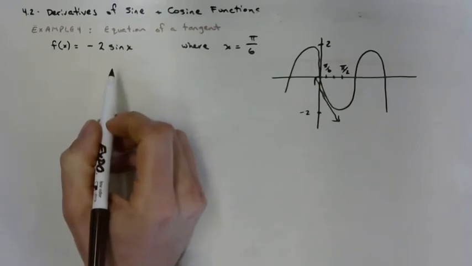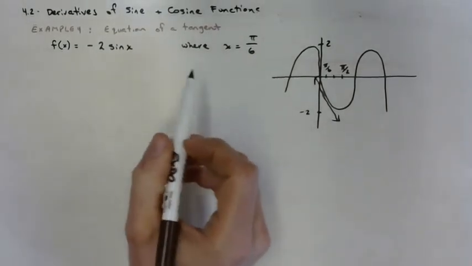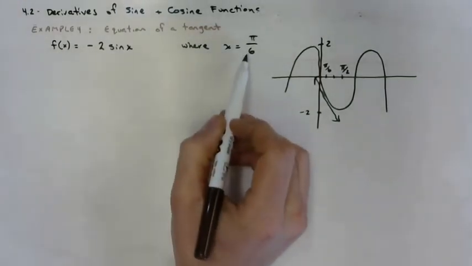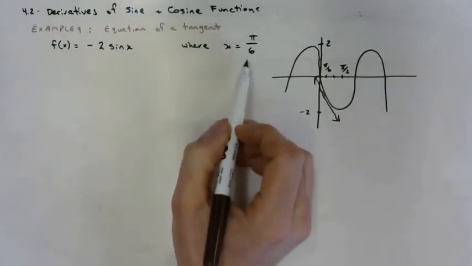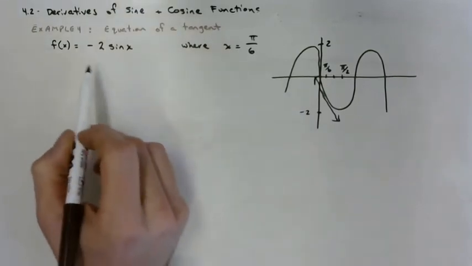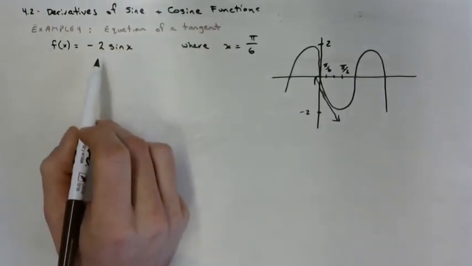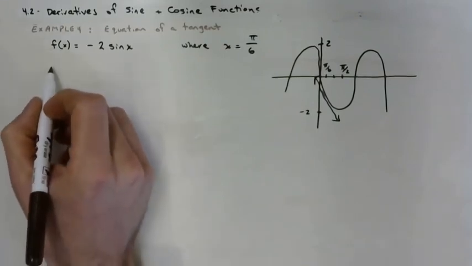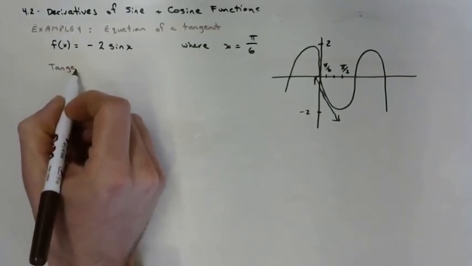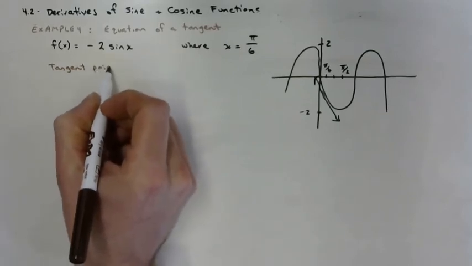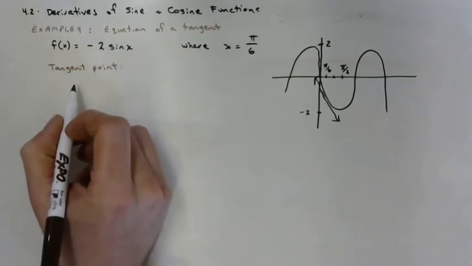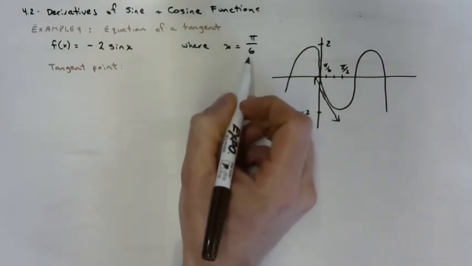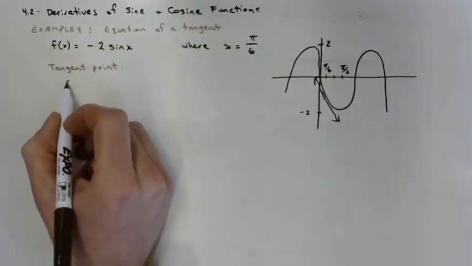Step one, you could go either way. You could first find the tangent point, the value that corresponds with an x of pi over 6, or you could differentiate first to find the slope at that point. We'll find the tangent point first. All that means is we're going to sub our x value of pi over 6 into our equation for f of x.